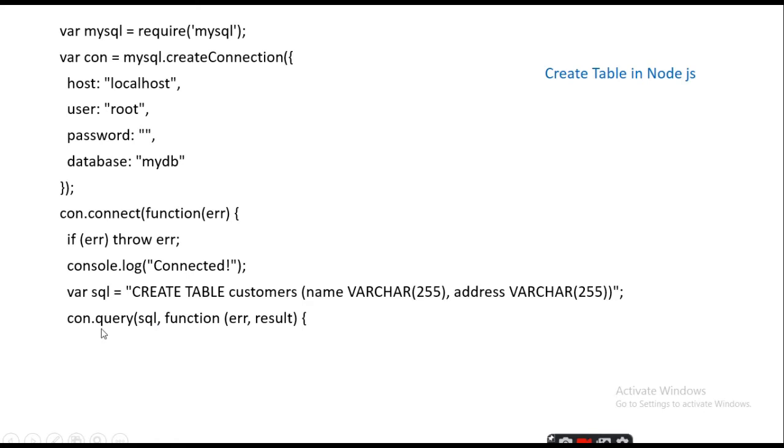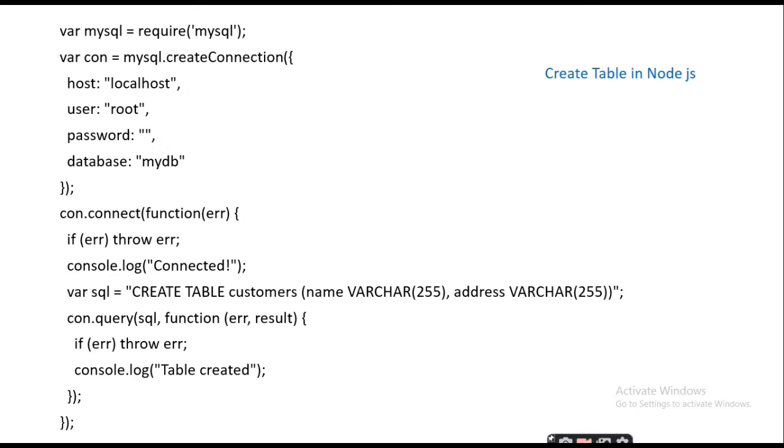When you are firing the query, pass this sql, meaning this create table command, then function with error, comma, result. If there is an error, display the error, and otherwise display the message console.log table created. Okay, if you are able to create the table, then you will get the message table created.